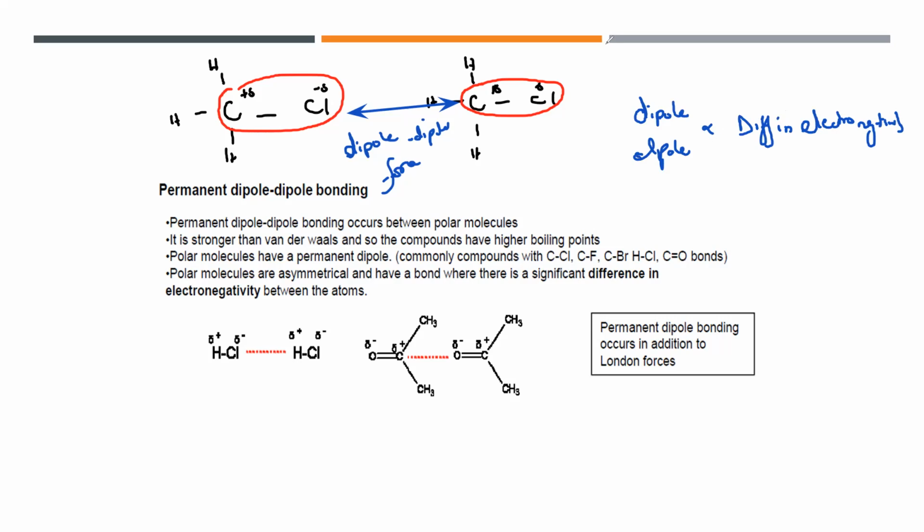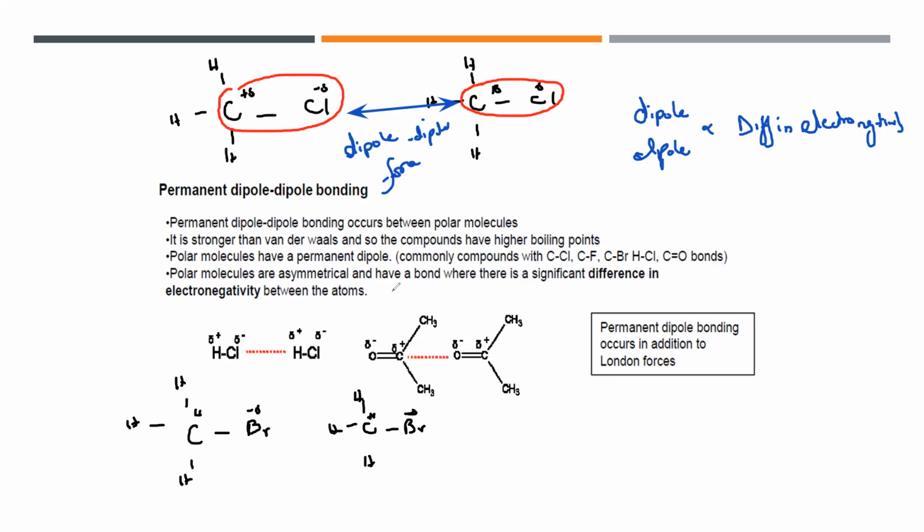That is why, for example, if we have a molecule of chloromethane and there's another molecule of bromomethane, we compare the electronegativity here, because there will be partial positive and partial negative.